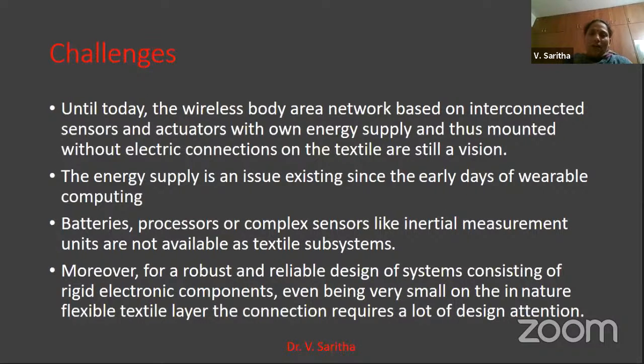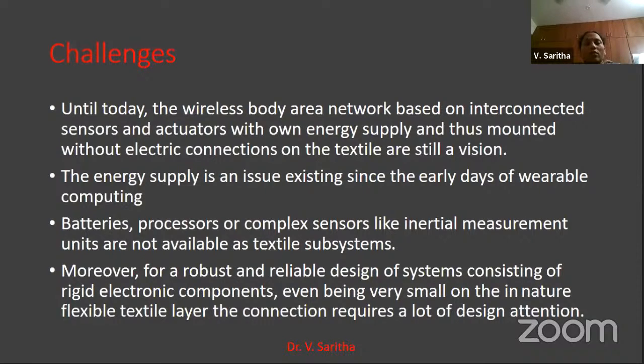Until today, the wireless body area network based on interconnected sensors and actuators with their own energy supply, and thus mounted without electric connections on the textile, is still a vision. Means, recently only, for the power supply, instead of giving electric power directly and physically, they introduced how the power can be generated directly for the electronic circuits in the fibers.